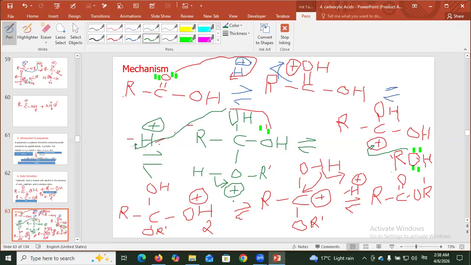Again, by removing water, this is the carbocation. Again, removing hydrogen and this electron moves towards this carbon to neutralize the positive charge.